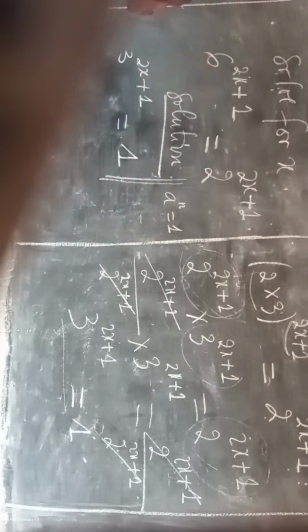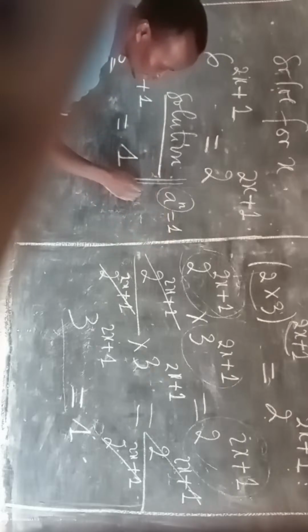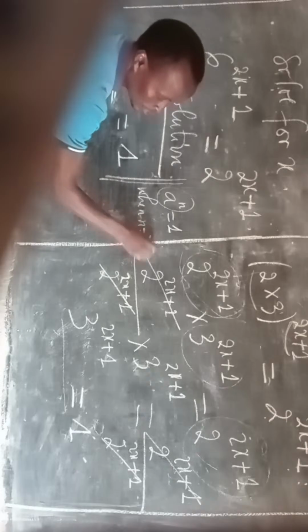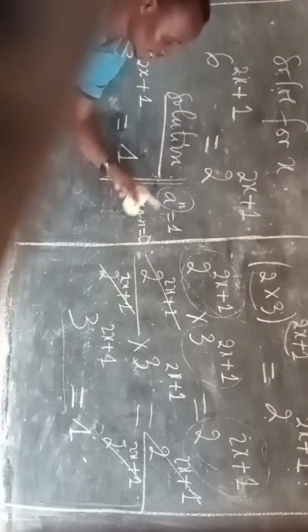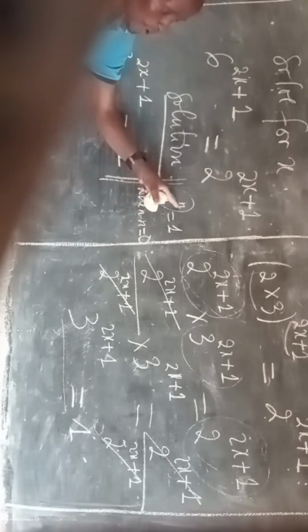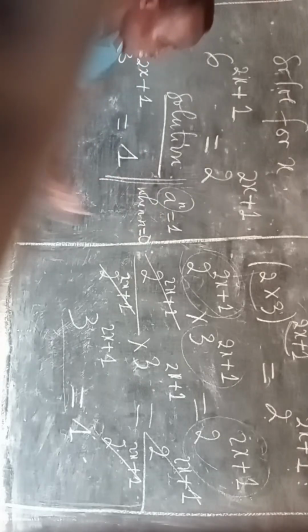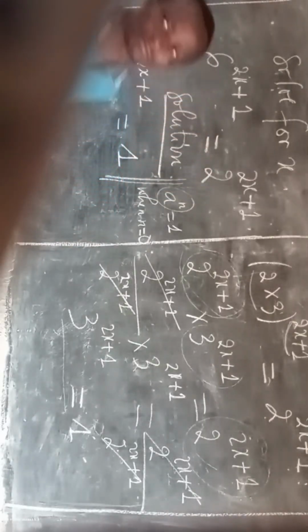It means this is equal to 1 when n is equal to 0. It means when n is equal to 0, it is a power 0. A power 0 is equal to 1. Simply, any number power 0 is equal to 1.